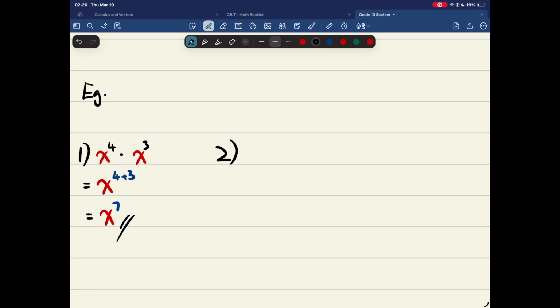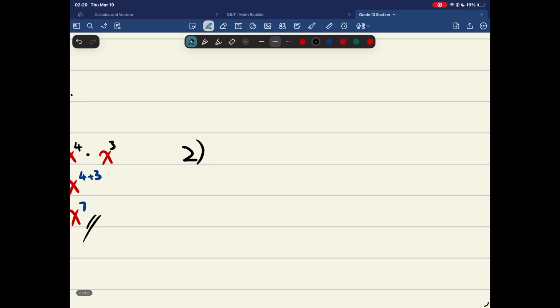Okay, we'll go to the second question. The second question is x to the power of 7 divided by x to the power of 2. According to the division, the quotient rule, it states that we gotta minus the 2 powers.